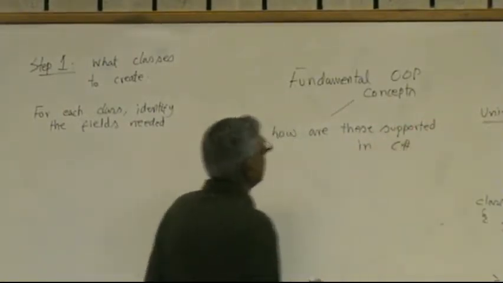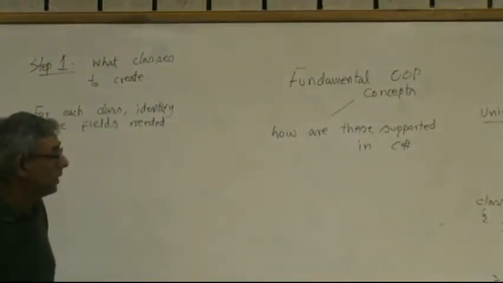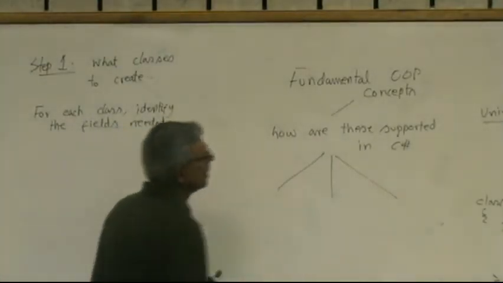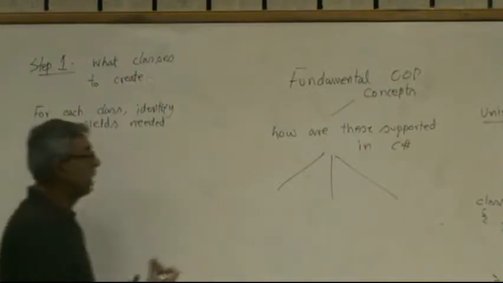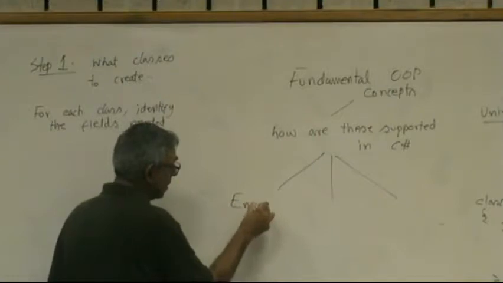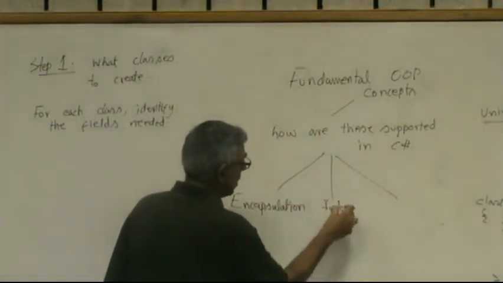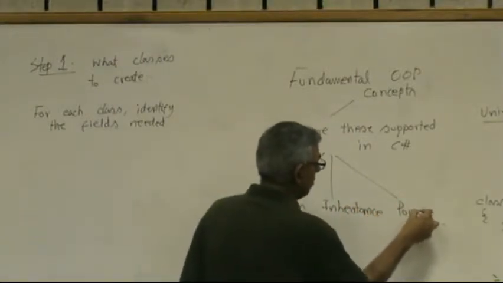And very briefly, so don't worry even if you haven't seen these before, we will go into details. There are three main concepts in basic object-oriented programming, and they are called encapsulation, inheritance, and polymorphism.